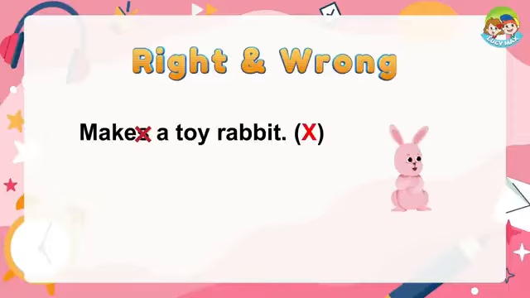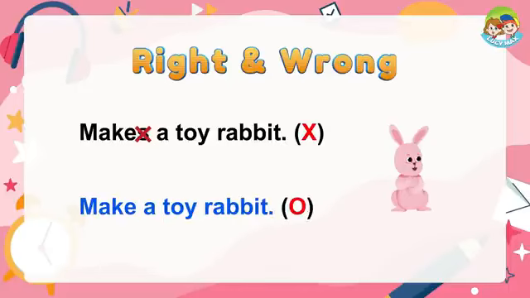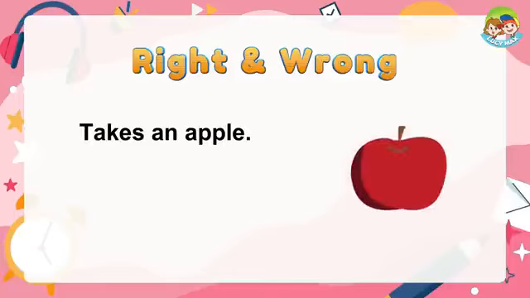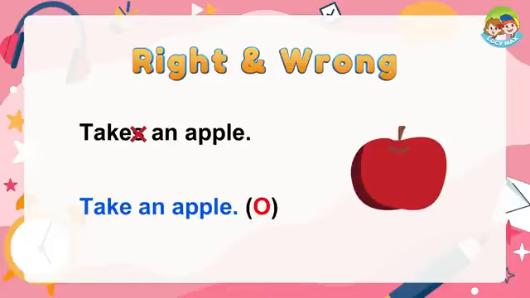The correct sentence is, make a toy rabbit. The next one says, takes an apple. There should not be an S on the verb takes. The correct sentence is, take an apple.